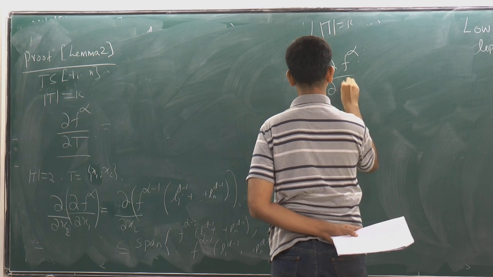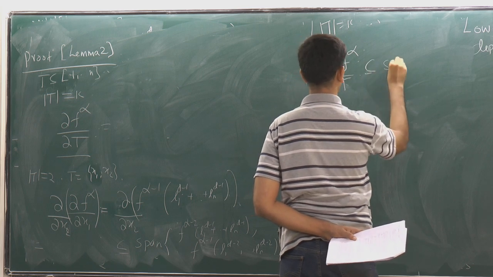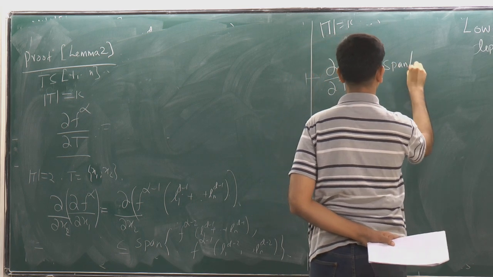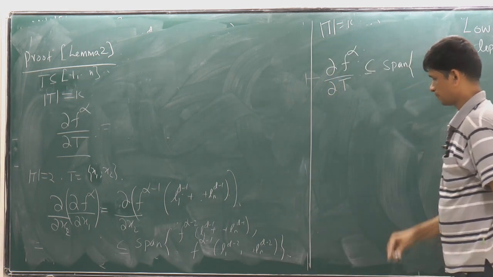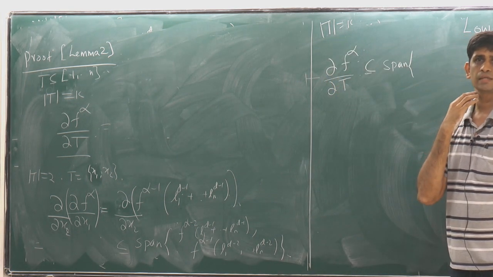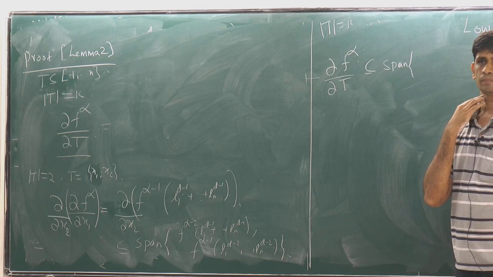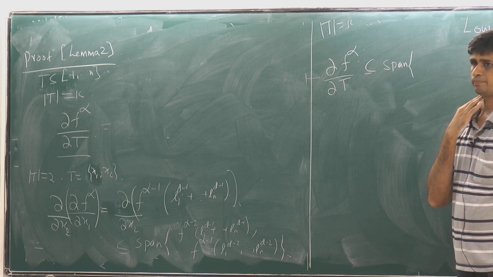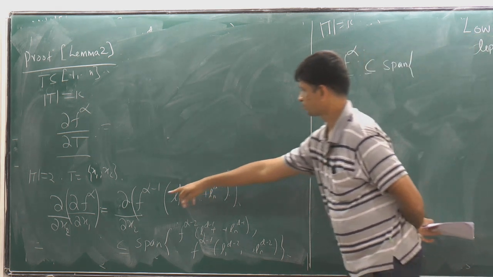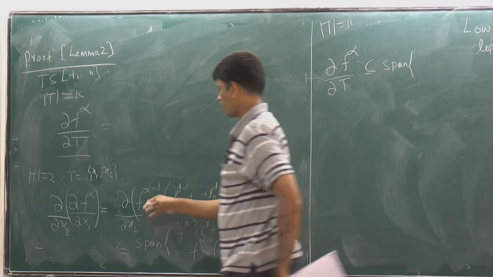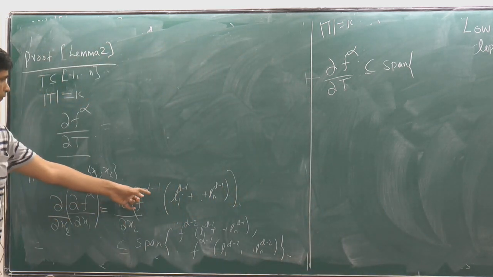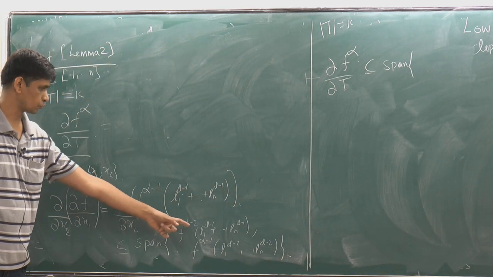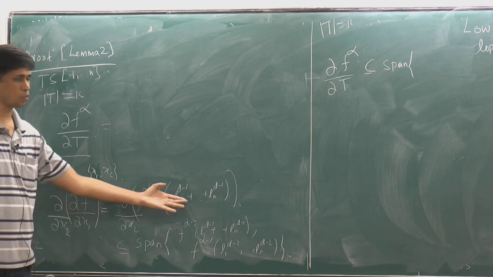Make sense? Okay. So in other words, for an arbitrary t of size k, the derivative of f to the alpha with respect to t is in the span of, any guesses? You'll have all powers of f: alpha minus 1, alpha minus 2, etc., alpha minus at most k, right?